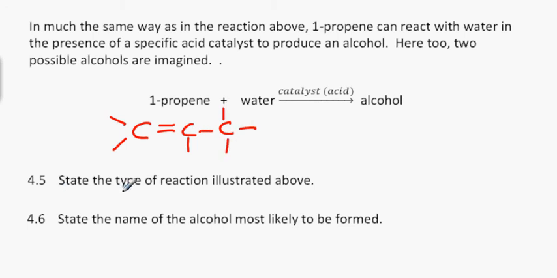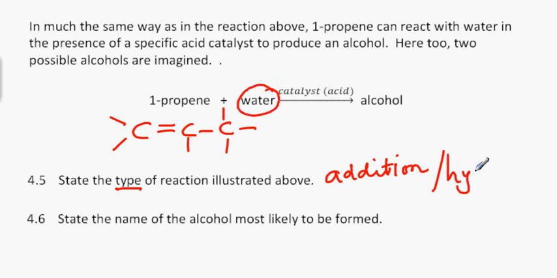First question asks for the type of reaction. Again, because we've got the double bond reacting with water, it's an addition reaction, and so that would be a perfectly good answer to this question. Because it's an addition reaction involving water, you could also call it a hydration reaction.